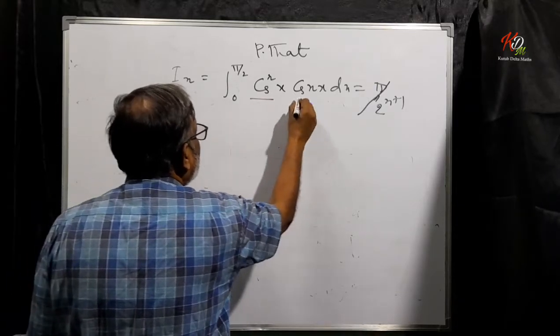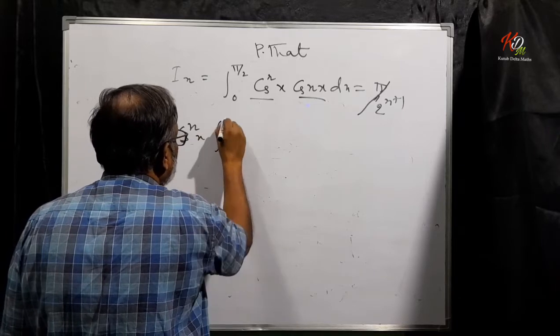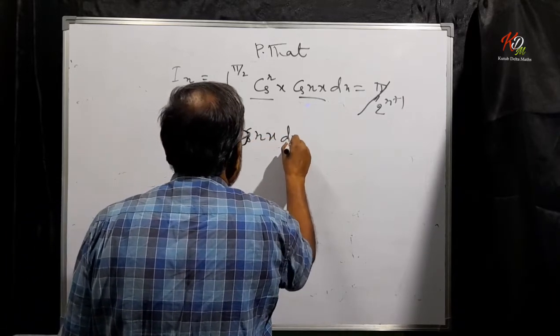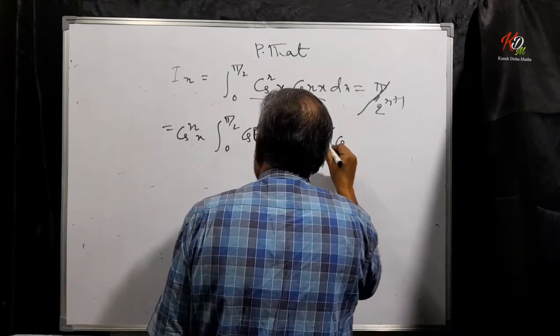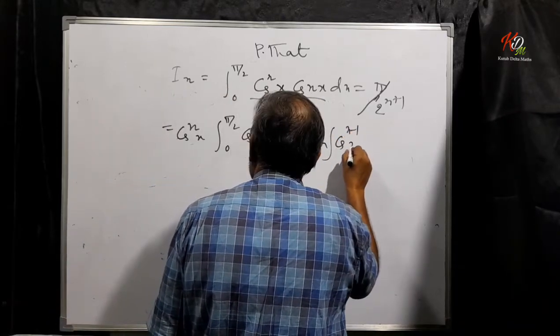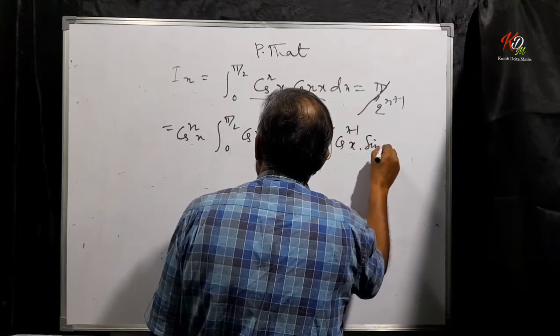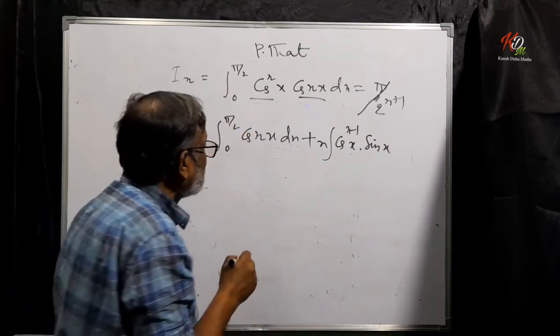Now this is v1, this is v: cos to the power n x from 0 to pi by 2 of cos nx dx minus n cos to the power n minus 1 x cos x sin x, integration of this sin nx by n.